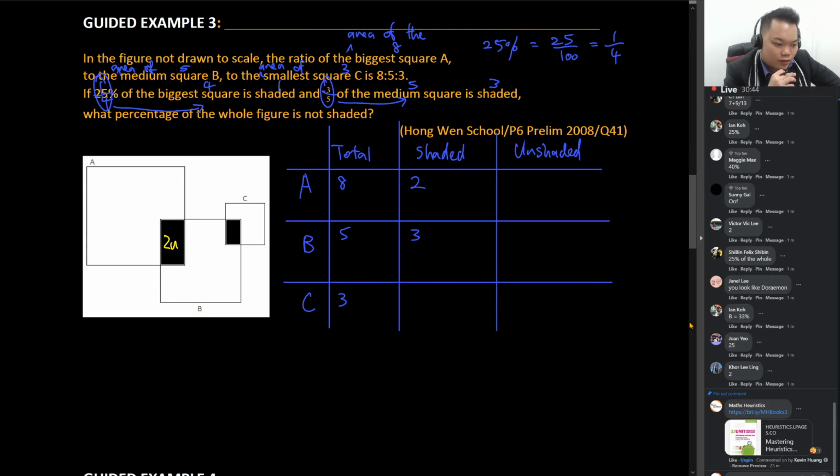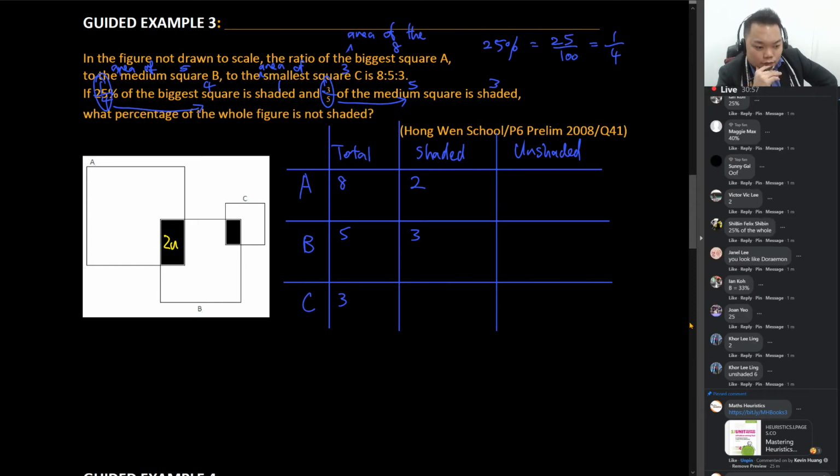Now what about square C? What is square C's shaded portion? No, 3/5 is not. What about C? Do you all know?